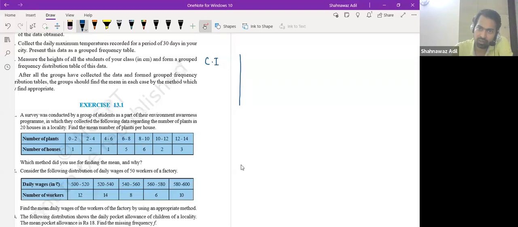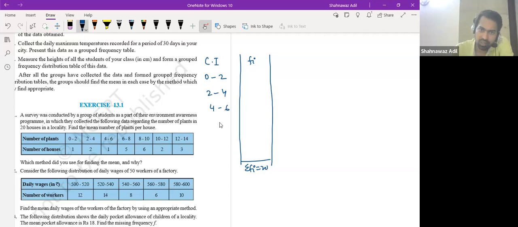and we have frequency, right? And this total is given, which is how much? 20. Okay, so from 0 to 2, right? Then 2 to 4, 4 to 6, 6 to 8, 8 to 10, 10 to 12, and 12 to 14.